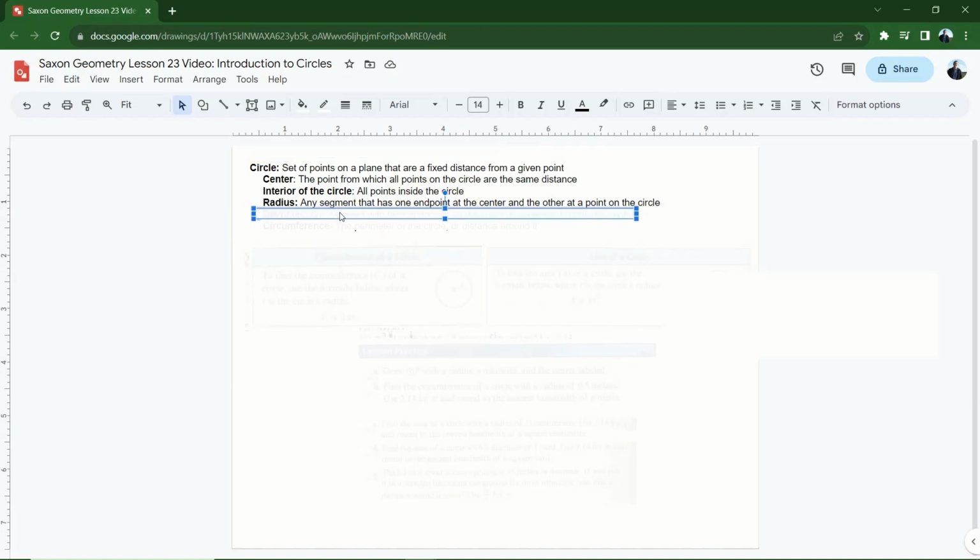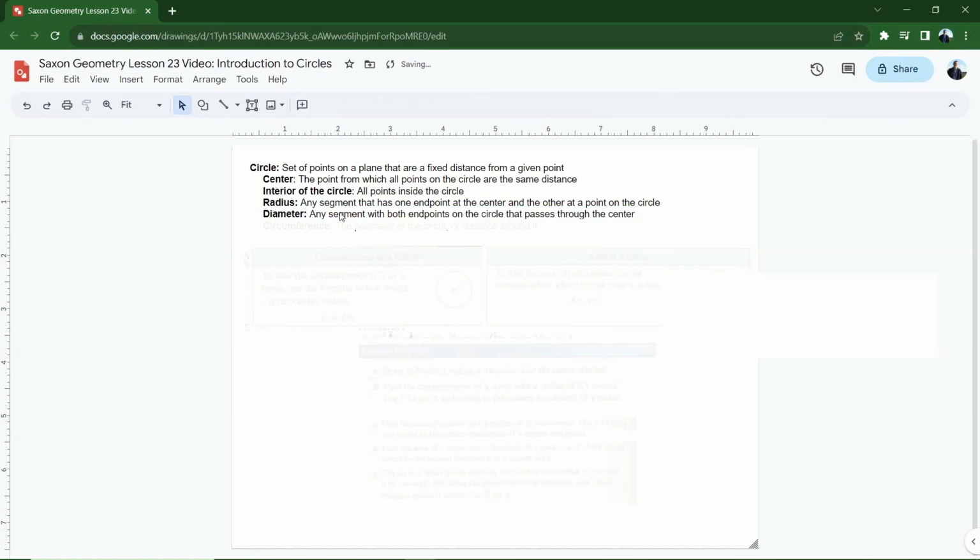The diameter is drawn by finding endpoints on the circle and then connecting them with a segment that passes through the center. If the segment doesn't pass through the center, you have something called a chord and not a diameter. The diameter is the maximum distance from one side of the circle to another.